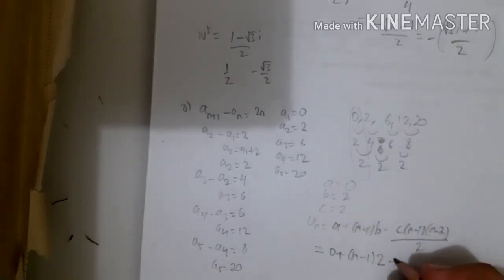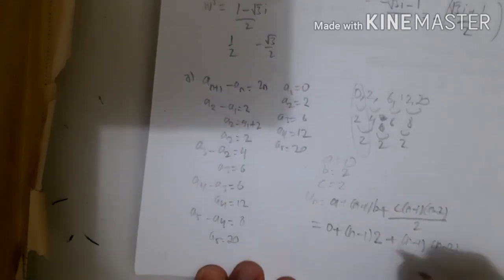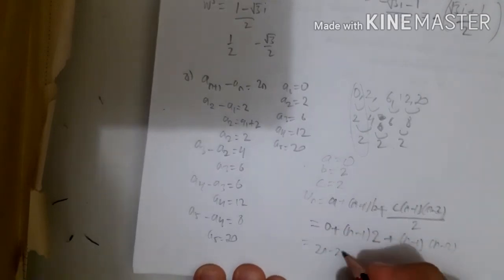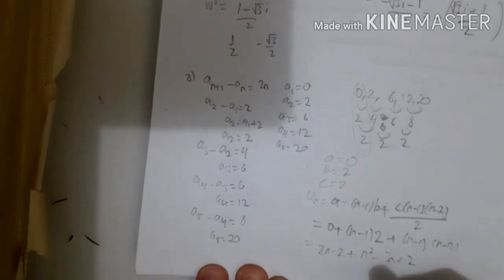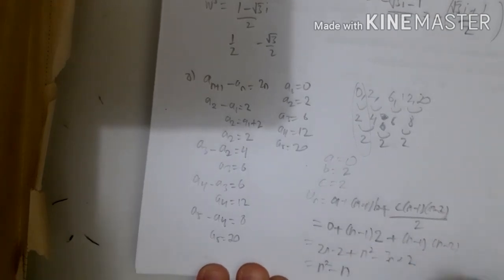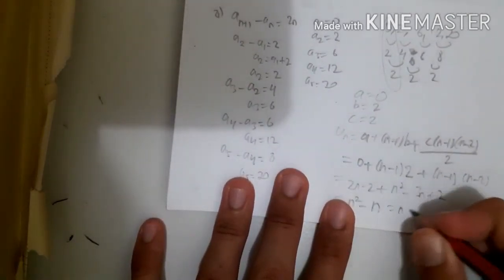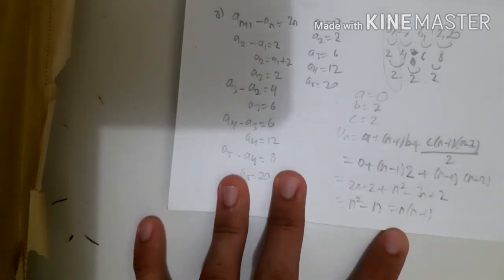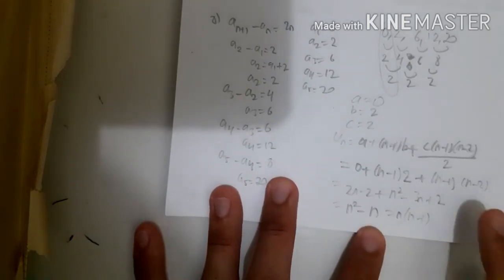And then we add it with C, which is actually 2, right? So that is (n minus 1)(n minus 2). So that will be 2n minus 2 plus n squared minus 3n plus 2. So that will be n squared minus n. That will be n times (n minus 1). Okay, so this is the answer for number 8.